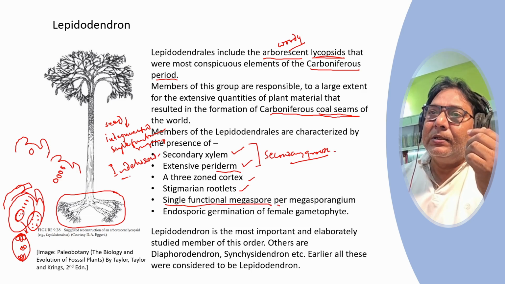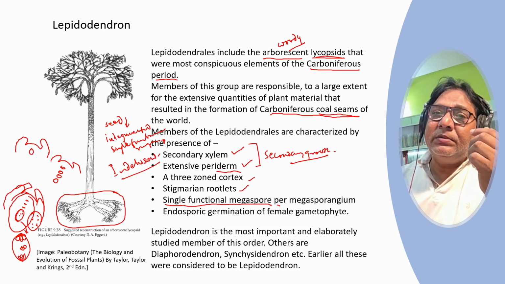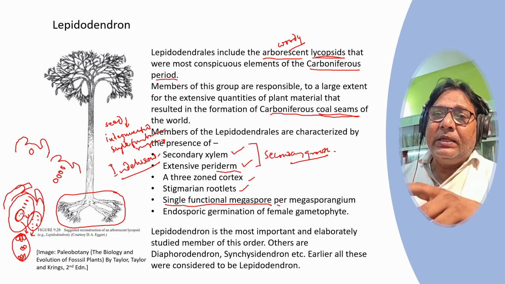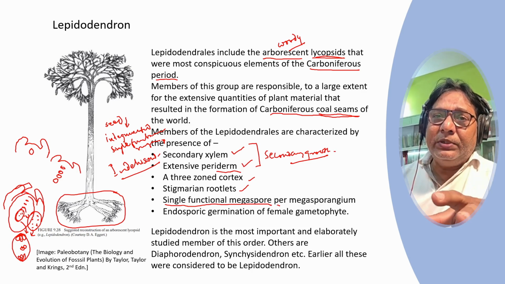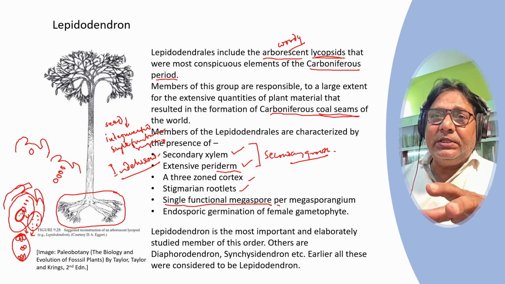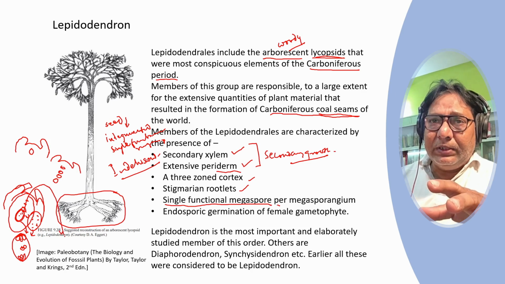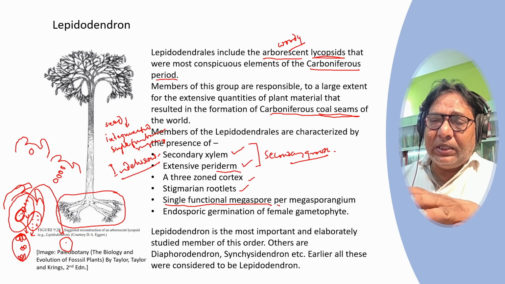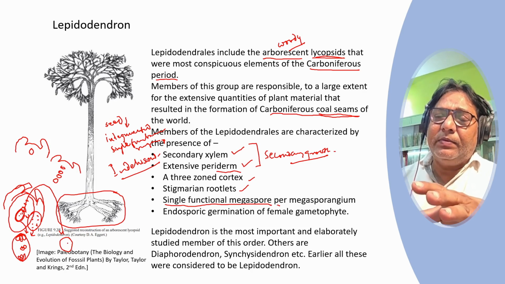This feature means the development of the megagametophyte. This is the megagametophyte that is being formed. It is endosporic; within the spore, this is taking place. Dehiscent means the spore will be released, it will fall on the ground, and germination will take place, the thallus formation or female gametophyte formation.